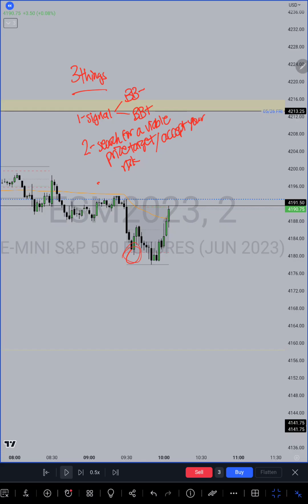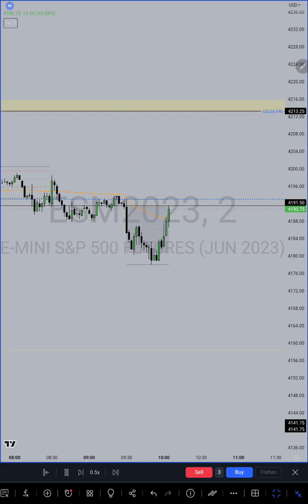If it doesn't, it shows you where price will go if this breaker block is invalidated. That's when you need to get out, collect your losses, and just wait for the next one. That's what I mean by accepting your risk. So, let me play the price out just a little bit more here.